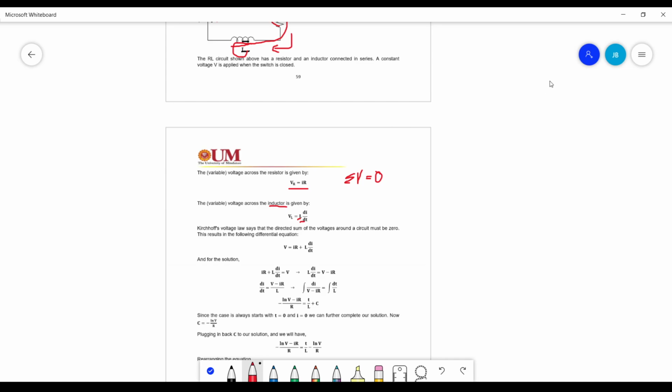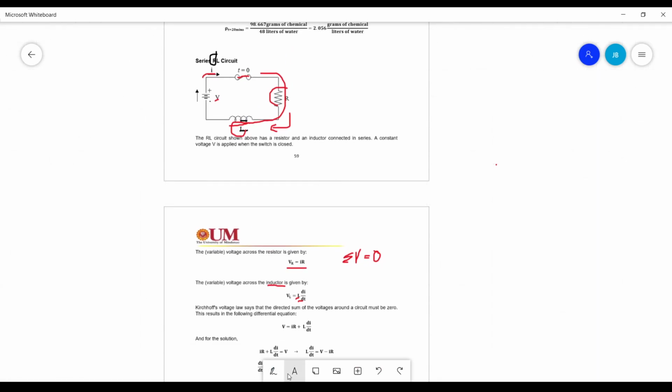So let's go back to the figure. Say there is a current flowing in the circuit.